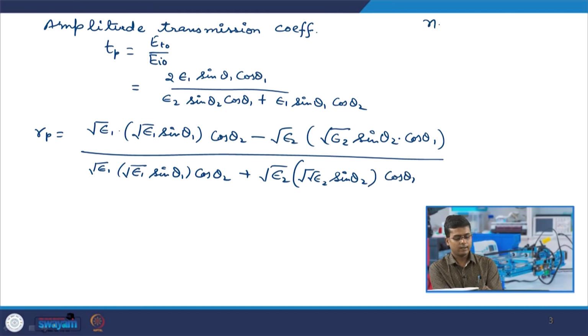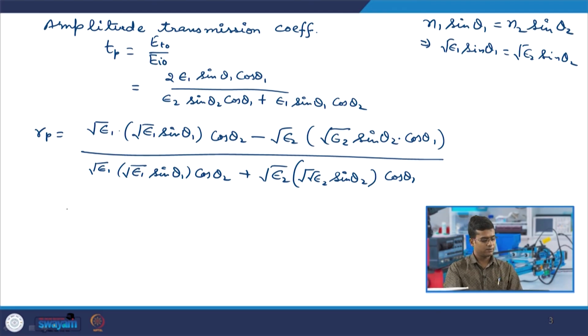We know that n1 sin theta 1 is equal to n2 sin theta 2. So, we can write under root epsilon 1 sin theta 1 is equal to under root epsilon 2 sin theta 2.